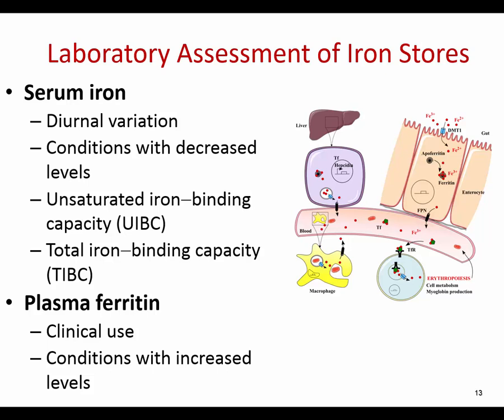If you have an MCV above 100, you are going to have macrocytic anemia. If you have below 80, you're going to have microcytic anemia.